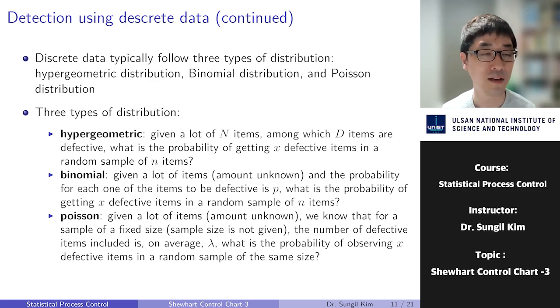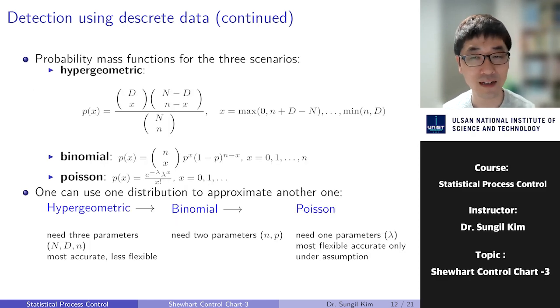They have their own usages. Accordingly, their probability mass functions, PMF, are different, as shown in the slide. The main difference is the number of parameters in the PMF. Hypergeometric PMF involves 3 parameters, N, capital N, and D. Binomial PMF involves 2 parameters, n and p. Lastly, Poisson PMF involves 1 parameter, lambda.